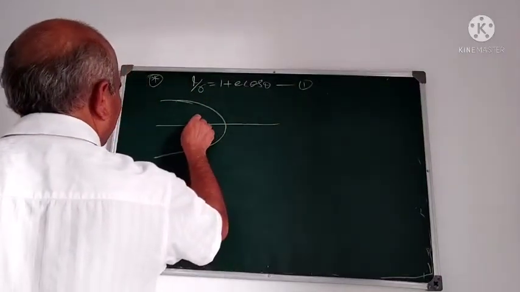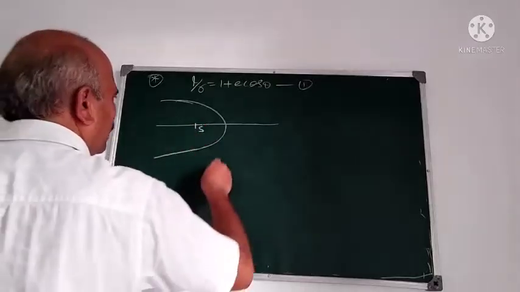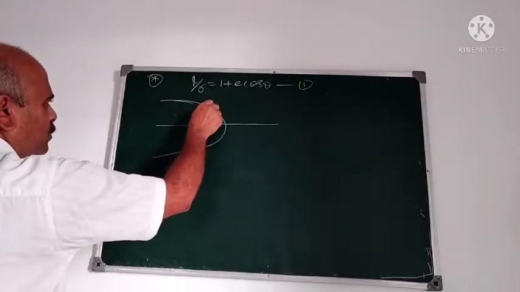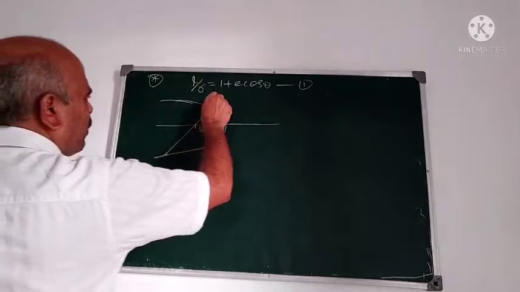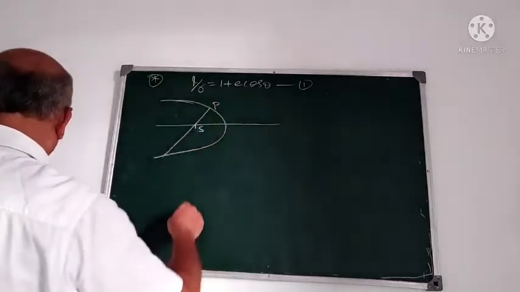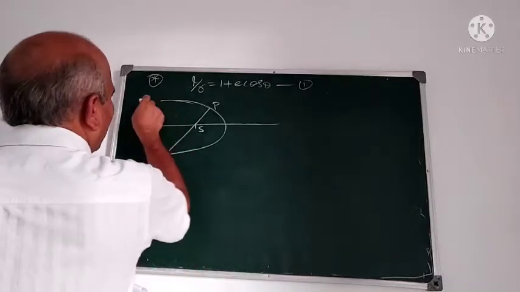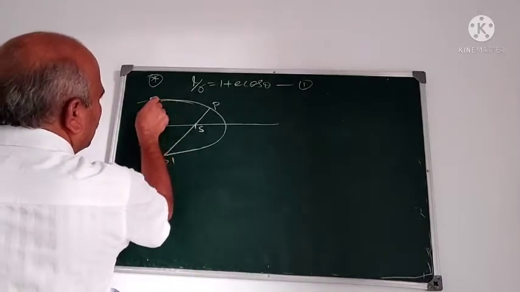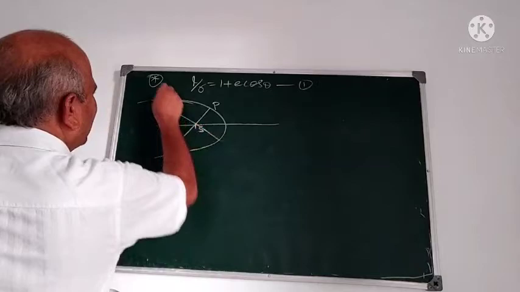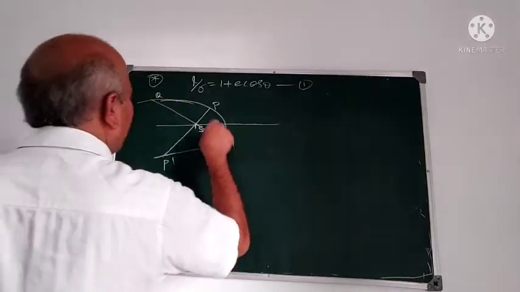Now, what is the problem here? I take S as the focus here. Two perpendicular chords you have to take. I have taken two perpendicular chords as PSP dash, and I extend this QSQ dash. They are perpendicular.